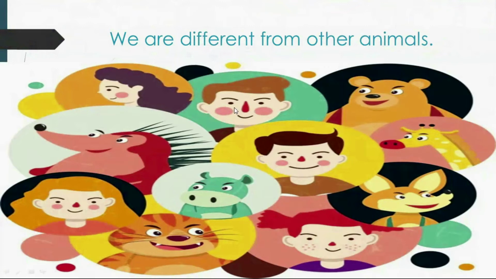So, do these human beings look different from these animals? Do you look like your cat? No. Do you look like a mouse? No. It means you are different from other animals and you are who? You are a human being. Okay?